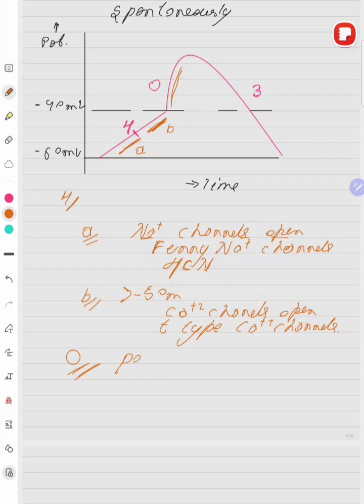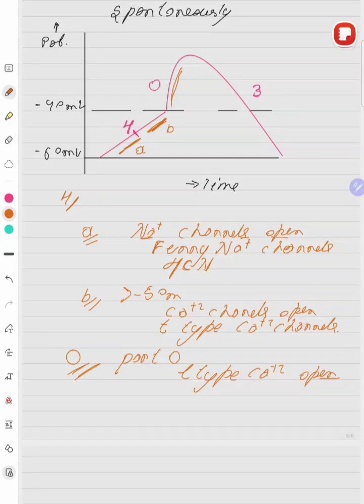In part 0, L-type calcium channels open. These further allow the entry of calcium ions into the cell, therefore further depolarizing the membrane.